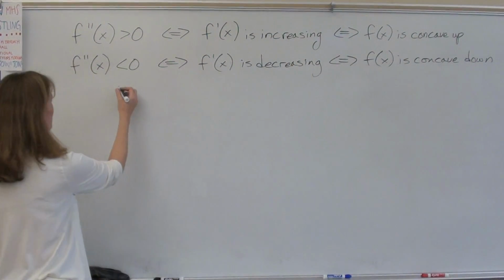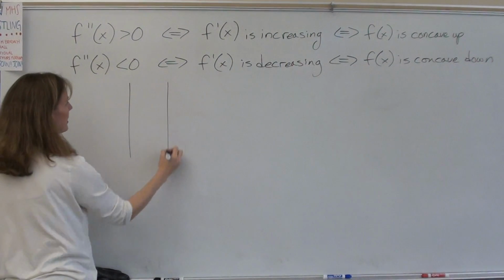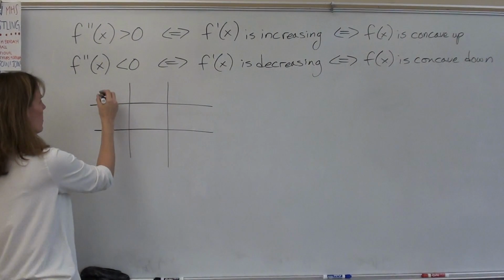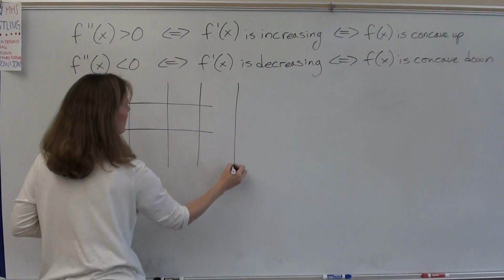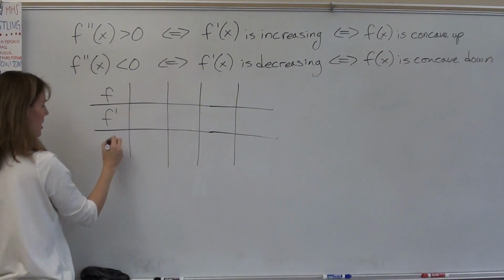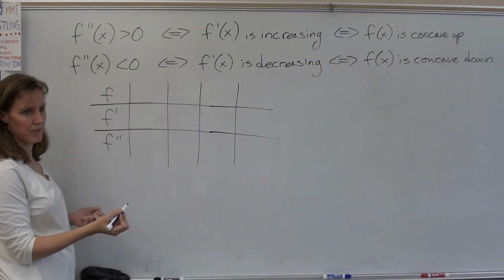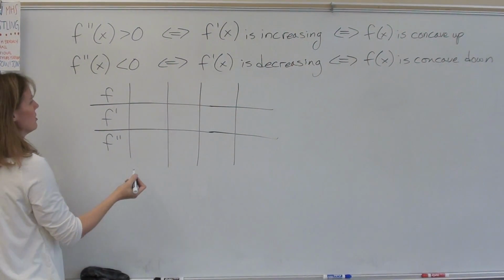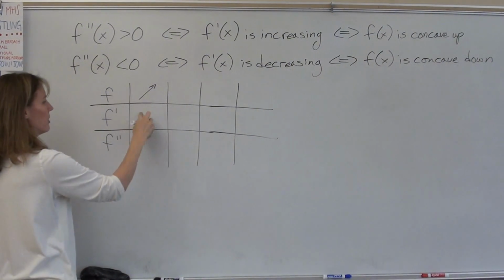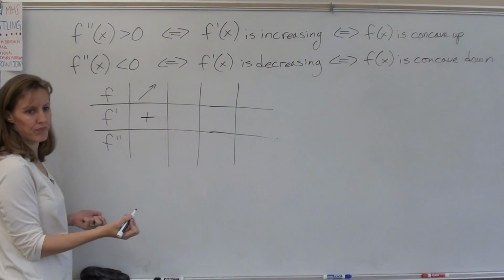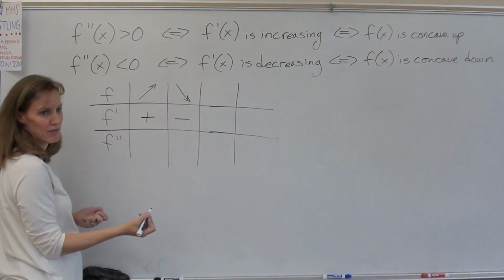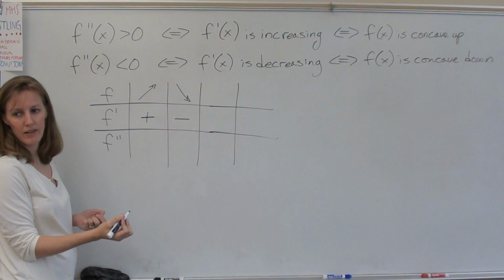Now, I didn't give this to first period, I'll give this to them later, but I like to organize this a little bit in a chart. F prime, f double prime. So here's what I like to note. F is increasing when f prime is positive. F is decreasing when f prime is negative.